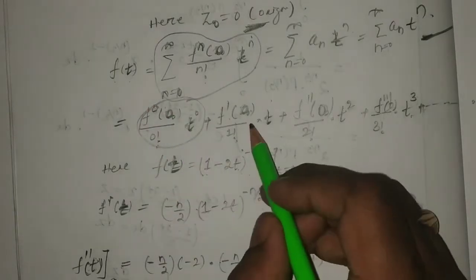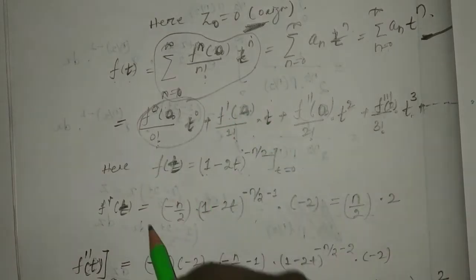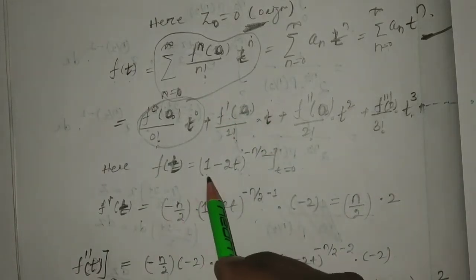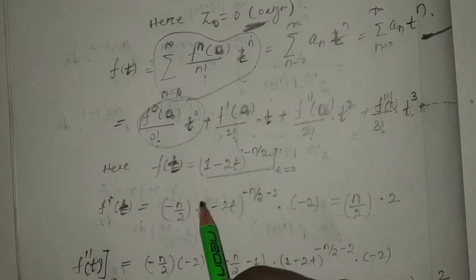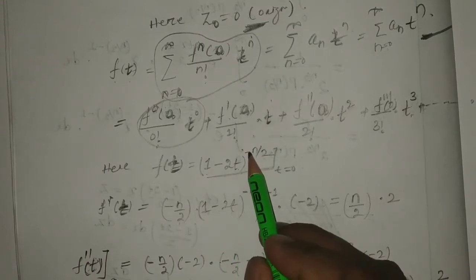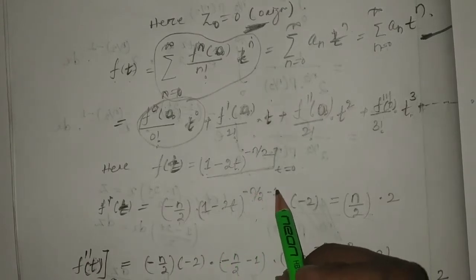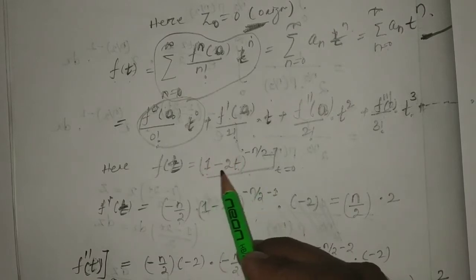Okay, now we have to consider f dash(0). For f dash(t), we differentiate this with respect to t. How much do we get? Minus n by 2, (1 minus 2t) to the power minus n by 2 minus 1, and again the differentiation of 1 minus 2t with respect to t gives minus 2.